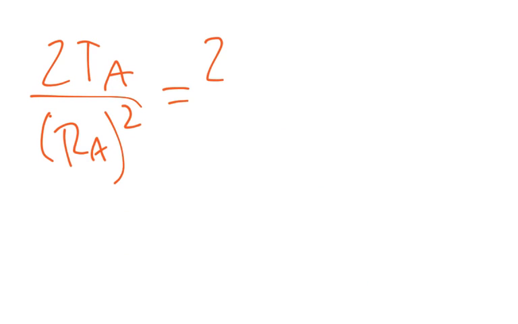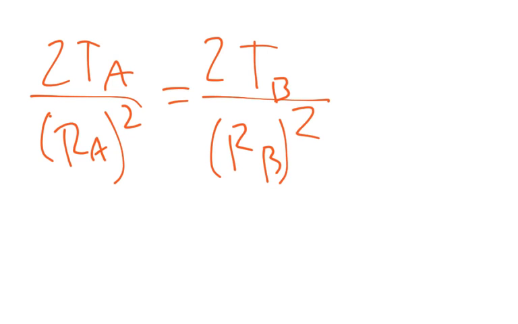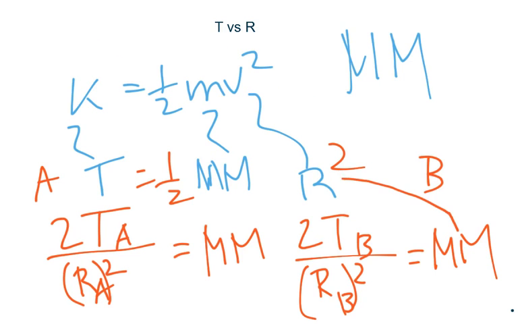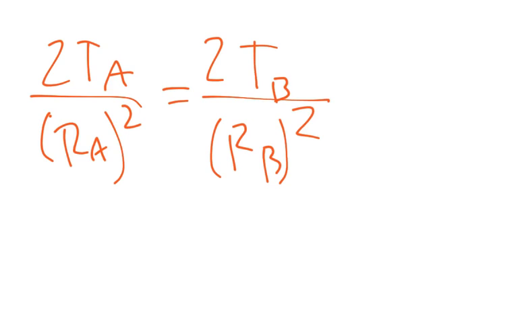So now let's do some algebraic manipulation in order to get what we want. 2TA over RA squared is equal to 2TB over RB squared. This is because we can substitute the molar mass into here, and since this is equal to this, then we can set them equal. Looking at this, we can rearrange it to make it fit.